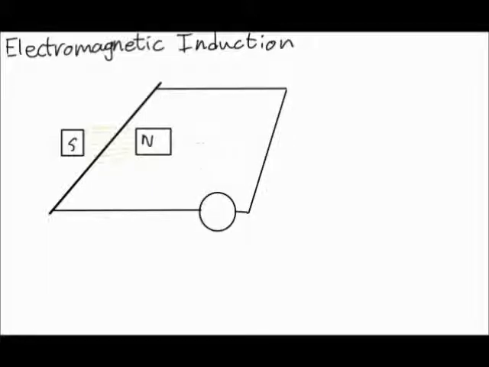In this situation, we place the conductor between the north and south poles of a magnet so that it crosses through the magnetic lines of flow in between the magnets. And as we move the conductor up and down, we will notice that again the pointer on the meter deflects in opposite directions.